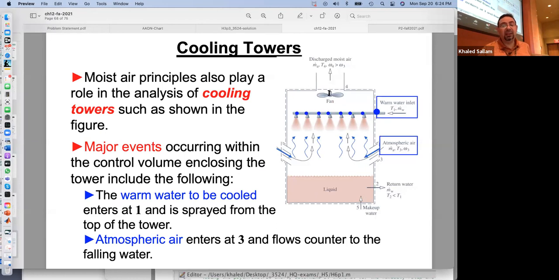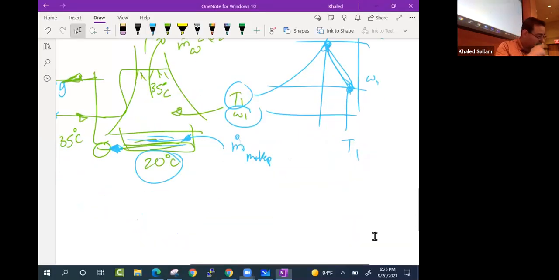Sometimes they need fans; sometimes, especially those big, huge cooling towers, they don't need fans. Why don't they need fans? Because of the chimney effect, you know? You know why chimneys are so tall?